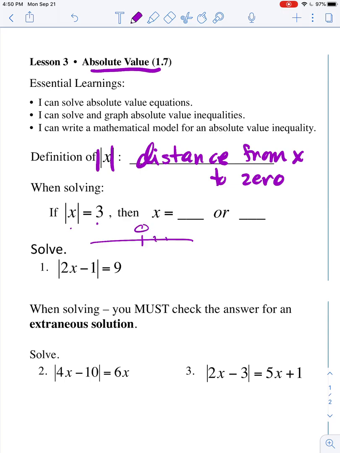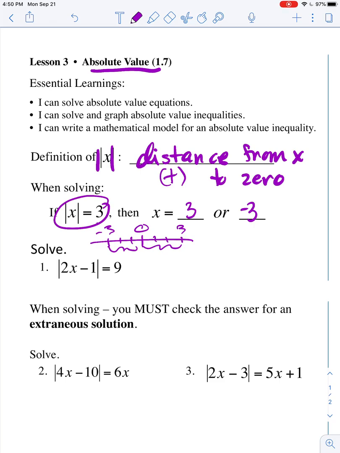So if I'm at 0, I could go 3 to the right and be a distance of 3 away, or I could go 3 to the left and still be a distance of 3. So distance is what makes it positive, because you don't have a negative distance. That's not like a thing. So X could either equal positive 3 or it could equal negative 3, because both of those values fit this description of being 3 units away from 0. So that's kind of the concept.